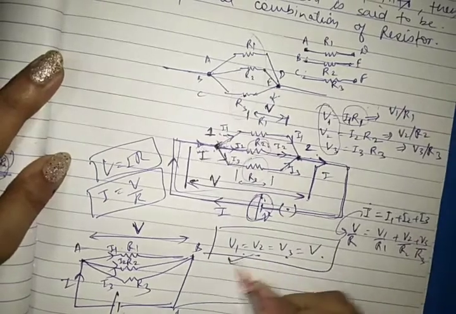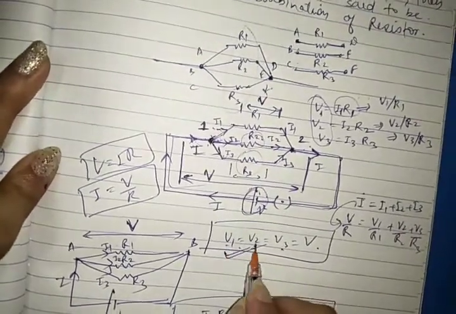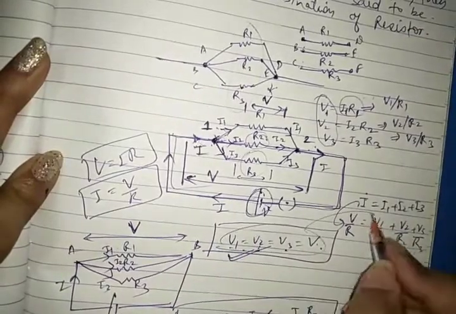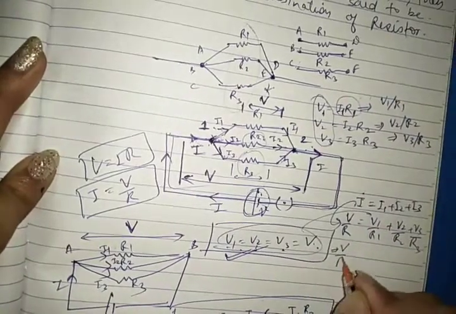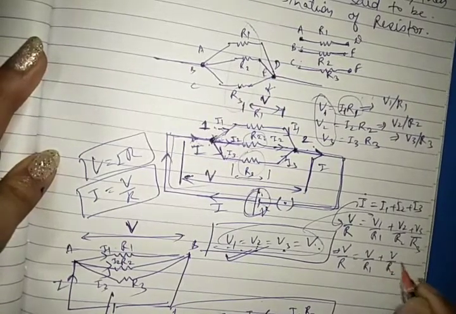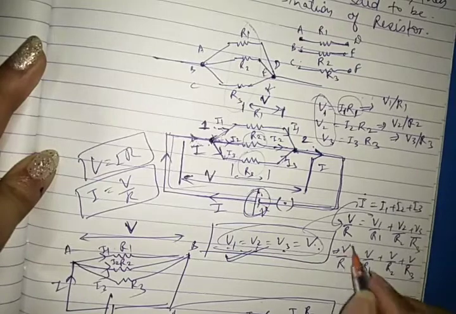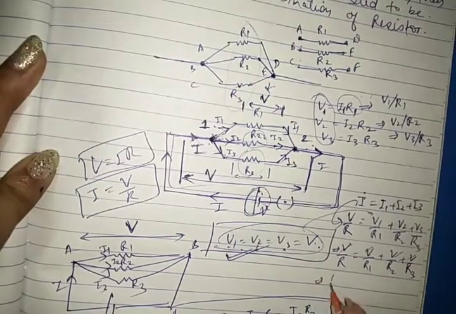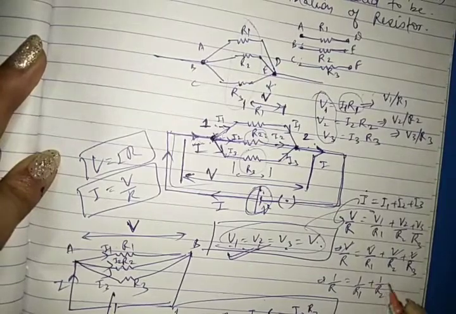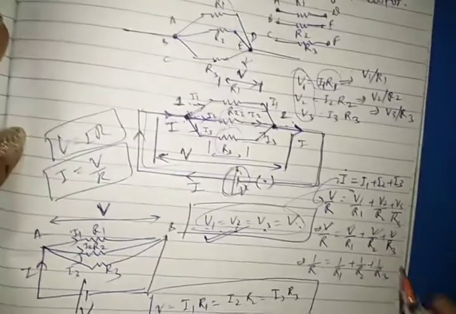But you can see that V1 equals V2 equals V3 equals V only. By putting this relation in this equation, we get V upon R equals V upon R1 plus V upon R2 plus V upon R3. V gets cancelled. So what we get? 1 upon R equals 1 upon R1 plus 1 upon R2 plus 1 upon R3.